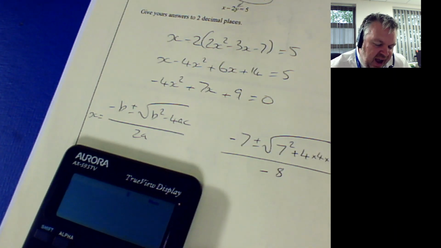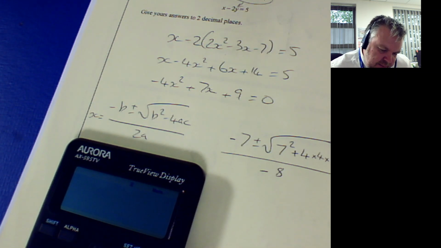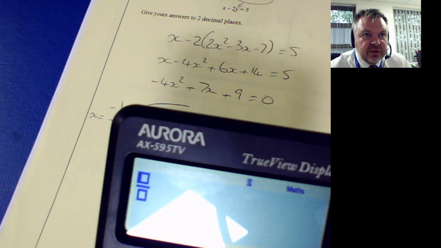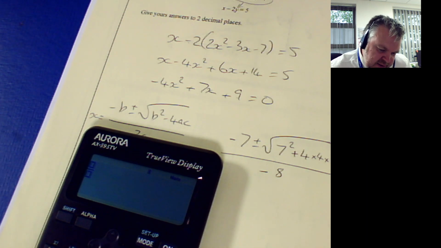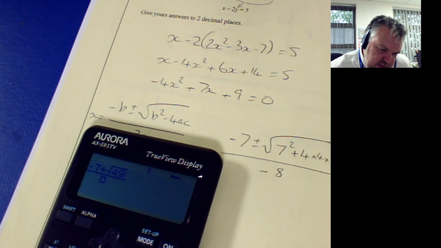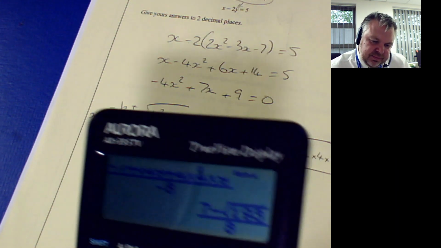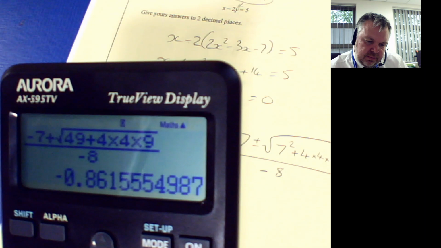You need your fraction button first, then minus 7 plus square root 49 plus 4 times 4 times 9, all divided by negative 8.